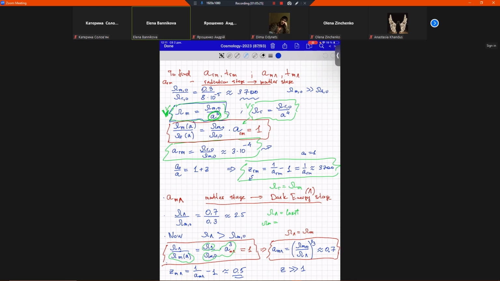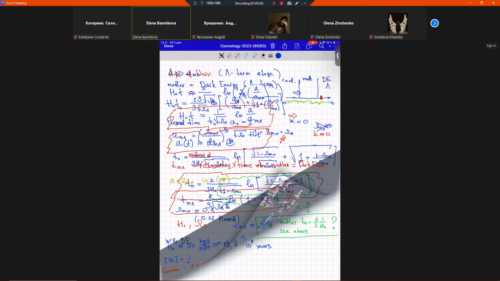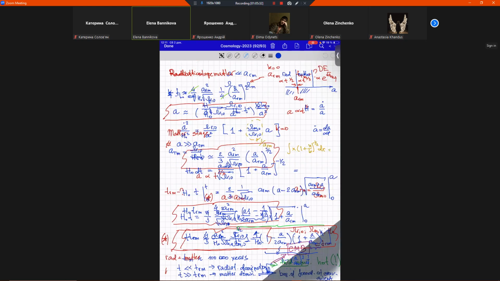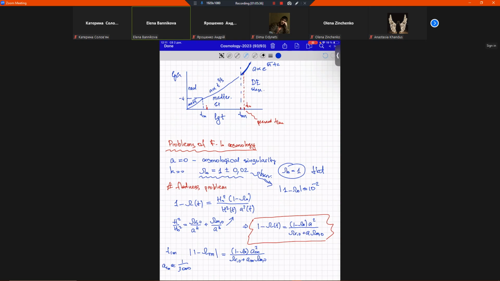So this is 1 divided by 3000. So if we put all of this, we will obtain that it will be approximately 10 to the minus 5.